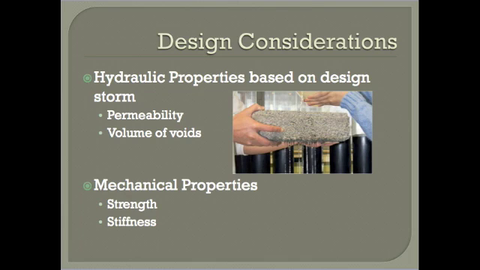The design storm under consideration for pervious concrete is usually either the 2 or the 10-year storm, which means a storm that has either a 50% or 10% chance of occurring respectively.